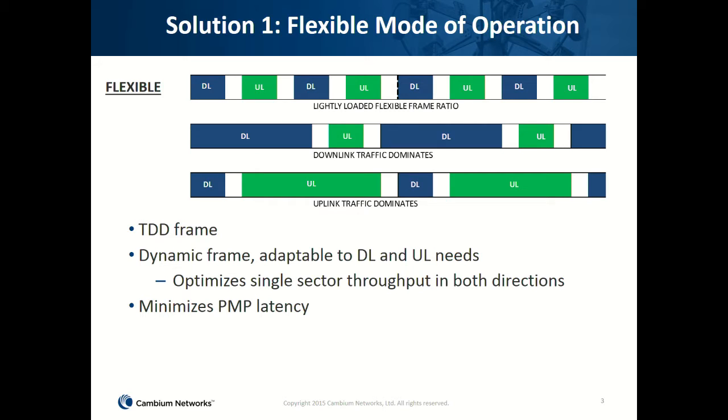So if a user is doing a big time download because they're accessing some kind of website, then you'll give all your output to the downlink. If there's, for instance, some video traffic going on the uplink, you can then optimize your uplink traffic too and have that filled in there also.